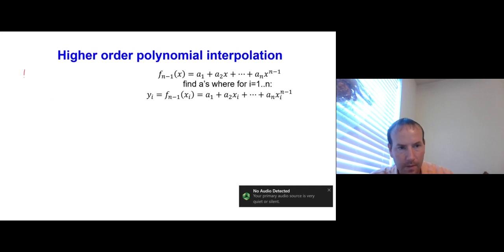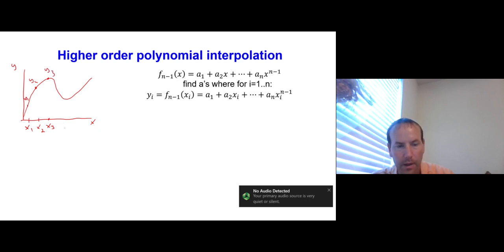So basically, if you have say a more curvy looking function like here, and we have x1, y1, x2, y2, x3, y3, so it could be a lot of different points.